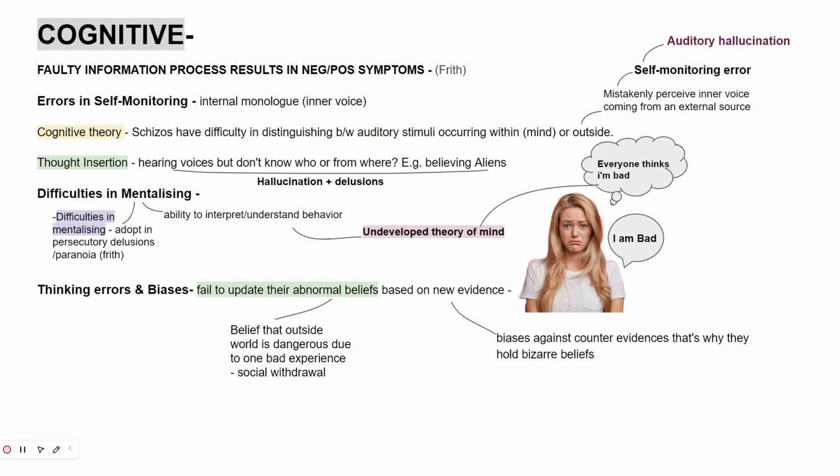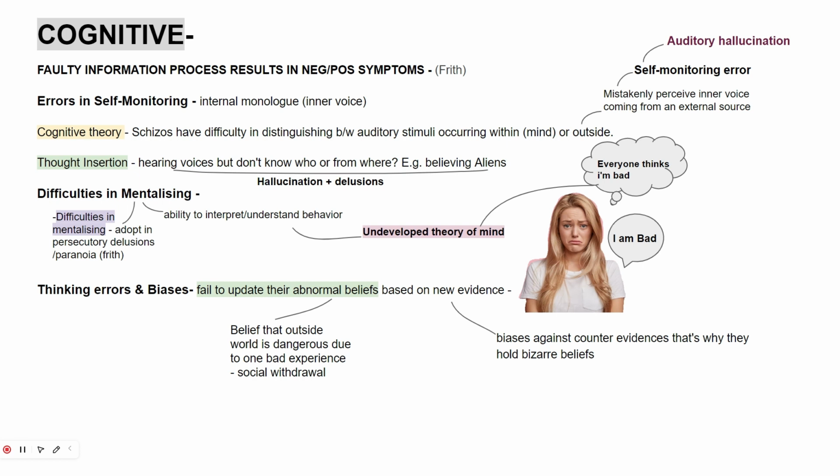You go out, and the next time it doesn't happen, so you make up your mind, okay, this is new evidence, this is a new belief, no one harassed me, it's fine. But in schizophrenic patients, they don't update their abnormal beliefs.